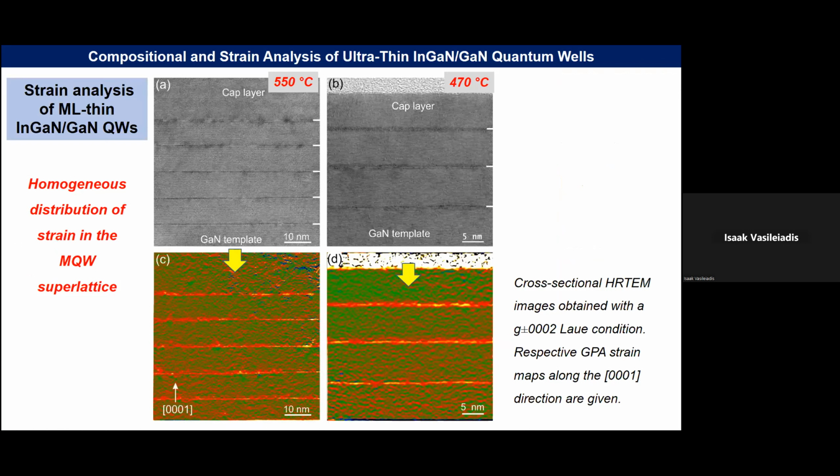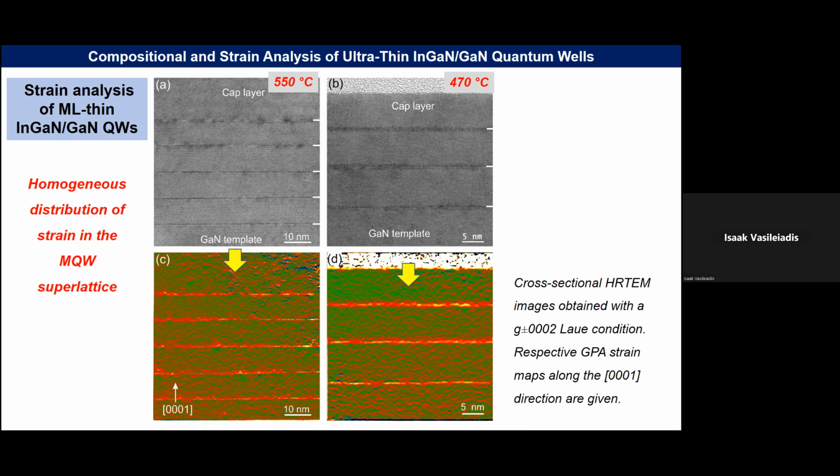How can we measure the strain in such monolayers? The first method, the best known, is the GPA method. We can extract strain information about this nanostructure by using GPA and using the proper mask size of the image.